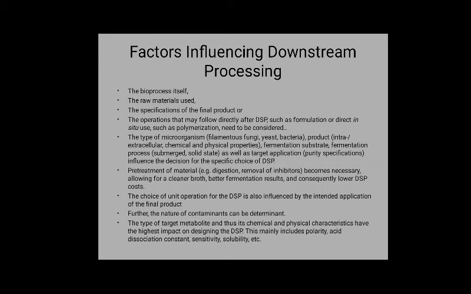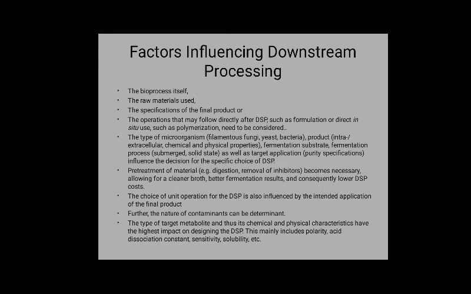Then another criterion for the selection is the type of microorganism that is being used, whether it is a filamentous fungus, a yeast or a bacterium, that also we need to consider when selecting a downstream process.